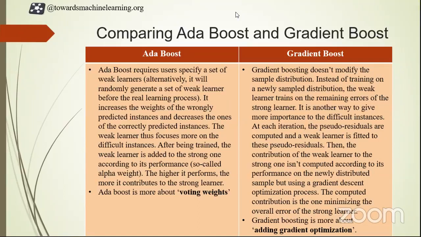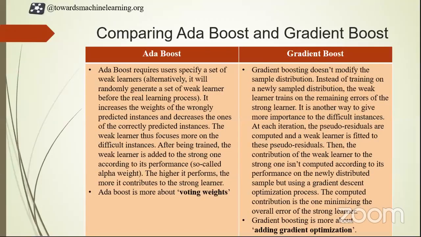There is nothing like updating the weights. We have no concept of weights in Gradient Boost. We have to update the weights in AdaBoost only. Deepak Pamwani, is it clear? Okay, so now I guess no one is having any doubt.